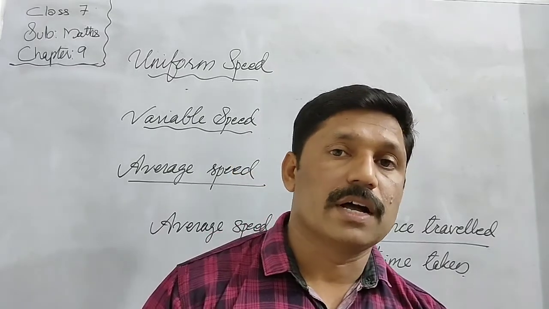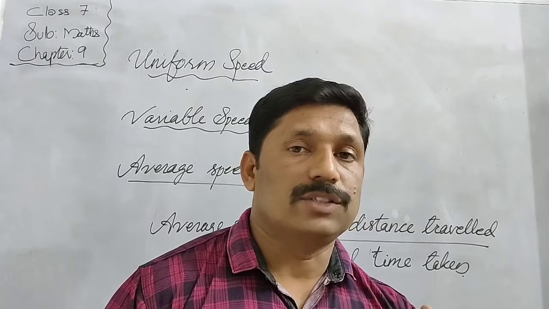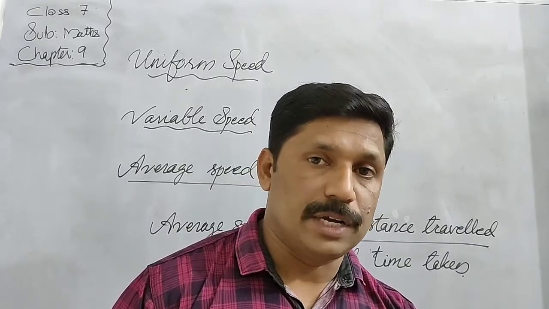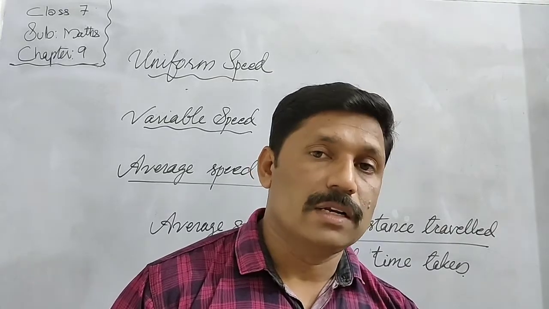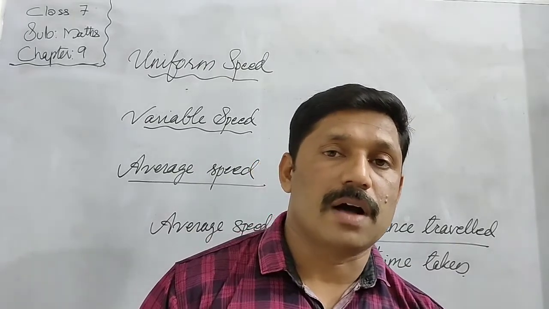This is called average speed. So average speed is calculated by taking the total distance traveled and dividing it by the total time taken. In this way we find out the average speed.